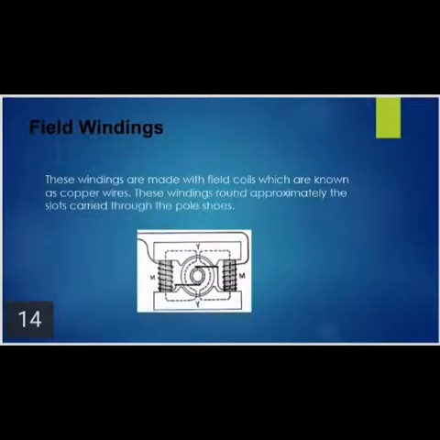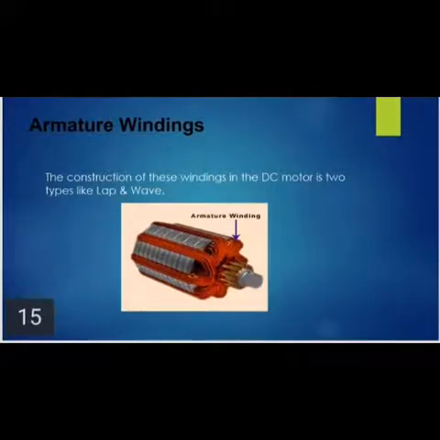Field windings. These windings are made with field coils, which are copper wires. These windings are wound around the slots carried through the pole shoes. Armature windings. The construction of these windings in a DC motor is of two types, like lap and wave.